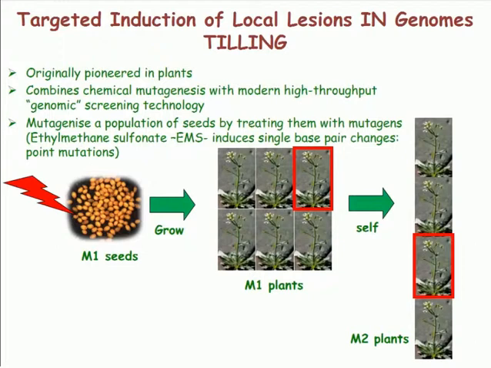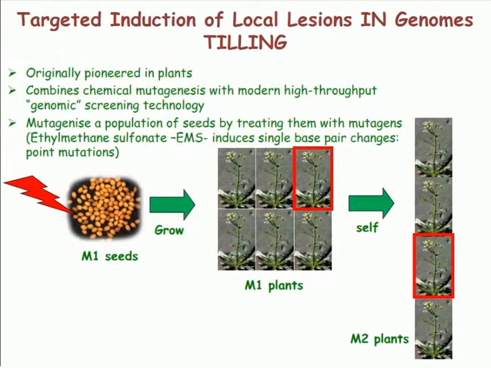Try to follow me. The chemical mostly used is EMS, or ethyl methanesulfonate. It is used because it induces a single nucleotide base exchange, what we call a point mutation. Obviously, you can use different concentrations depending on the species or how many mutations you want to include.